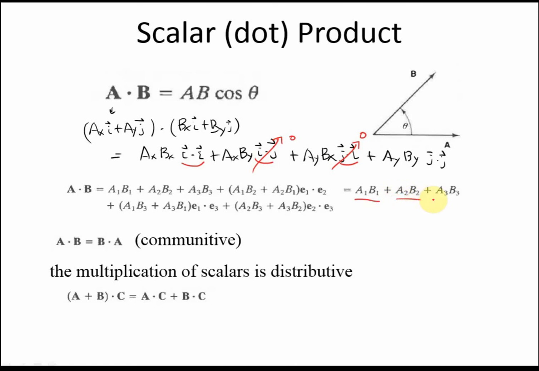This is the dot product of the same elements, same components, and then i dot i becomes just 1, and j dot j becomes 1. So the result is just the summation of the component products.